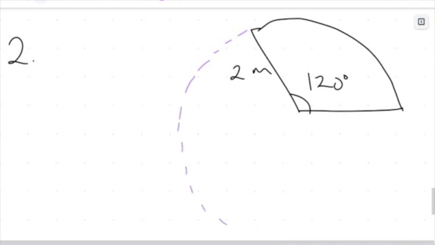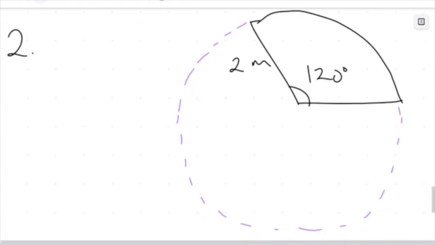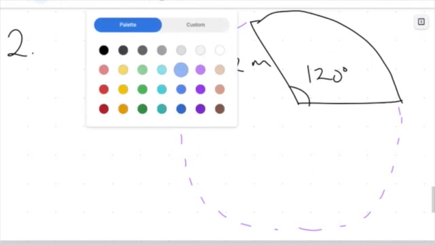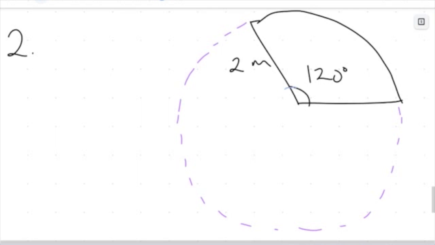But what if I draw this entire circle here? Well, how am I going to show the portion of this whole? Well, my portion is going to be the 120 degrees, my angle. And what's the total angle of this revolution here, of my circle?